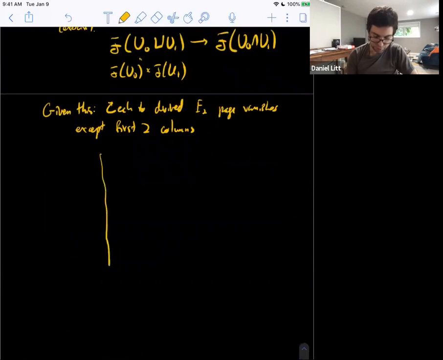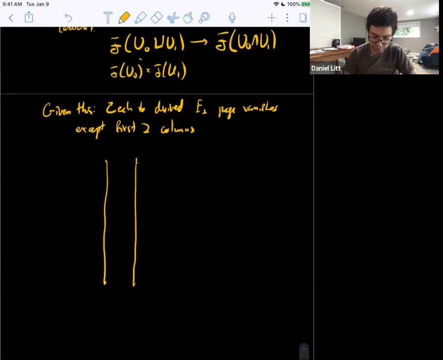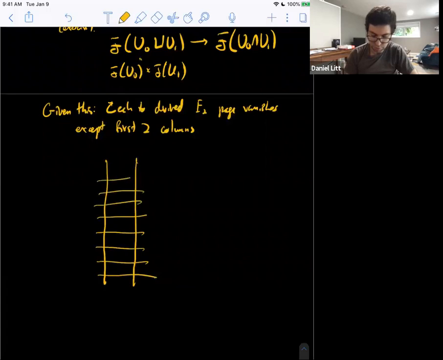So here's two columns and here's some rows. Okay, and then what happens? Suppose you want to compute H1, so you're looking at these two rows. There are now some differentials which go between here, for example, and here, and so on and so forth.